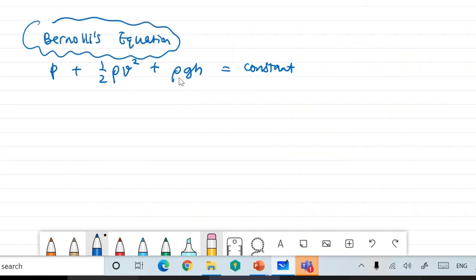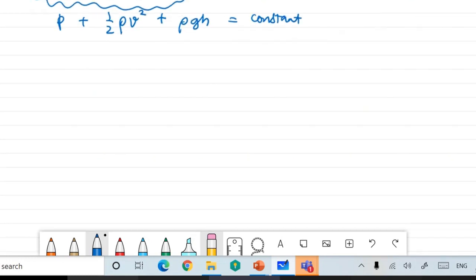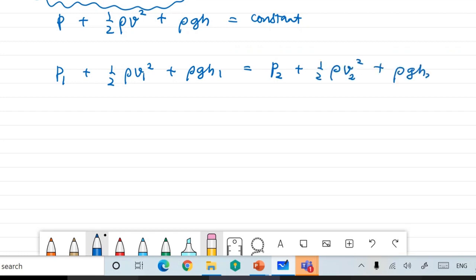P means the pressure. Rho is the density of the fluid. V is the speed of the fluid. G is gravity. H is height. It is written as a constant, which means if you are referring to two points, then P1 plus half rho V1 squared plus rho g h1 is equal to P2 plus half rho V2 squared plus rho g h2.